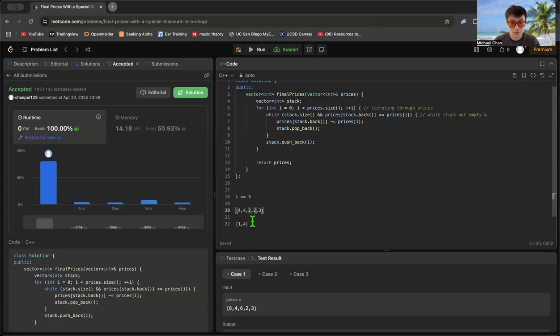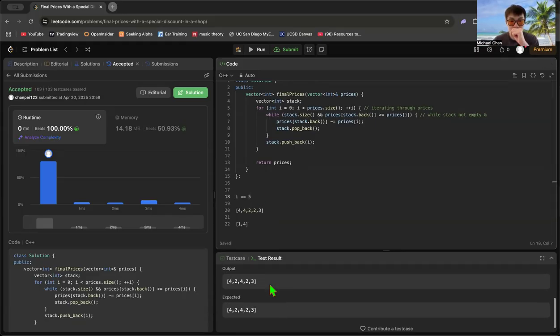It's not bigger. 5, 6. 5, right. 4, 4, 2, 2, 3.